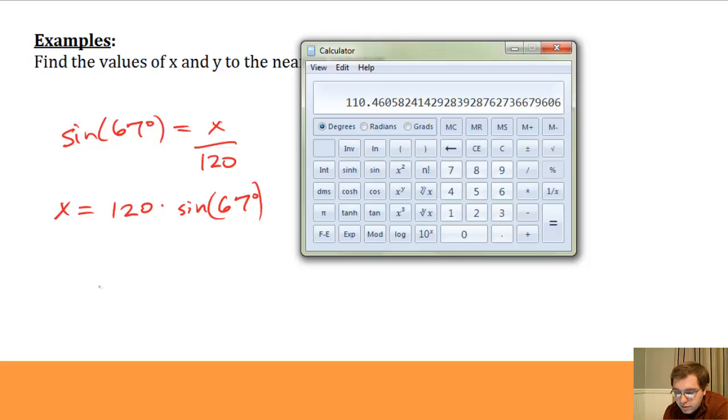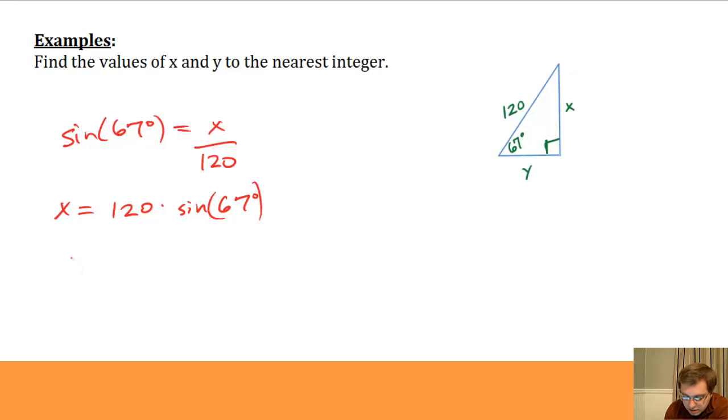So if I'm going to approximate that to the nearest integer, it's approximately 110. Technically, if we were rounding it, the 6 would make the 4 into a 5, and that 5 would make the 0 into a 1. So we could say x is approximately 111.